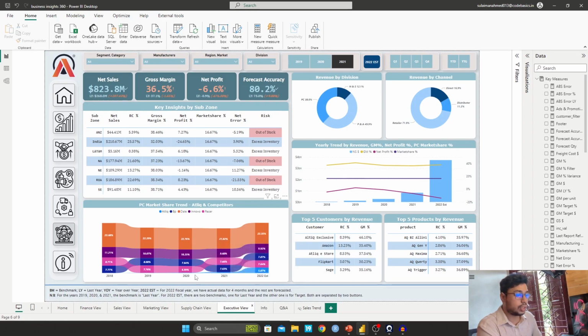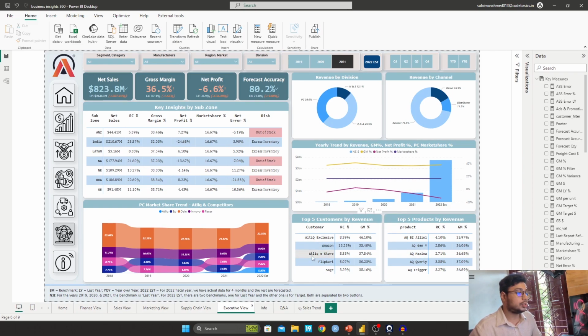Atlic's market share was very low in 2018-19, but it is growing substantially, and finally in 2022 it grew around 4%, which is very good. We can see the market share information in this ribbon chart, very important for the top level executives.